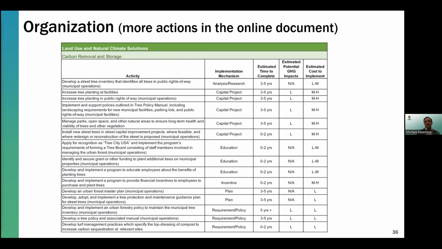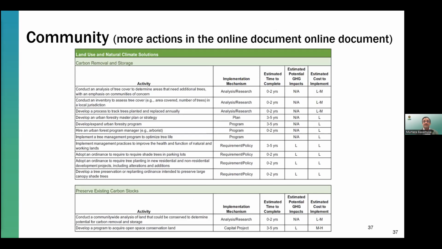I think it was Craig's question. So this is available for comment directly under the document review tab in the Engage website, and that's going to help inform the playbook. Next, this slide shows the matrix at the community scale, the two categories: carbon removal and storage, and preserve existing carbon stocks.